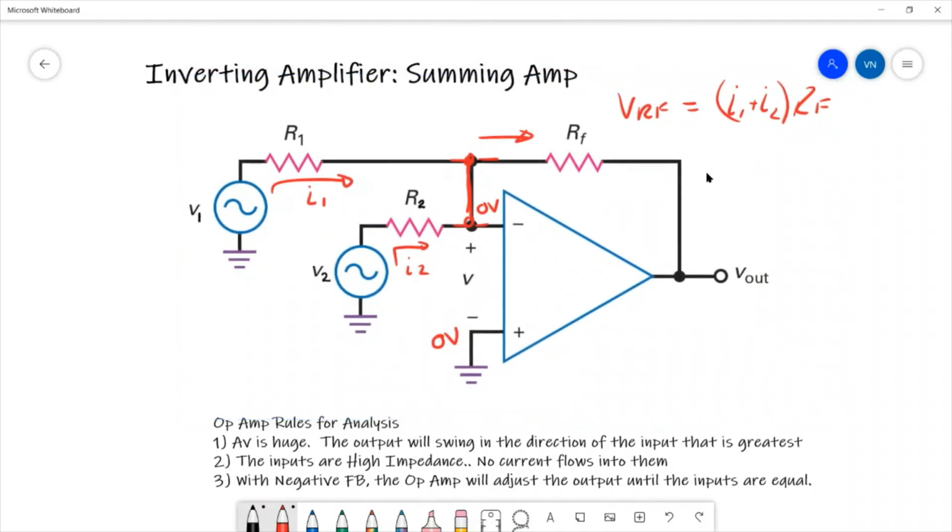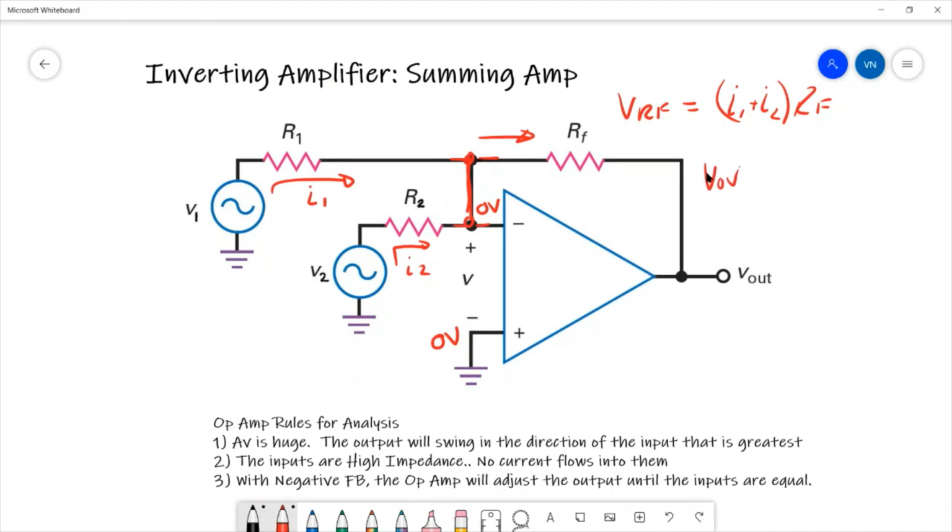When we look at this output, Vout is going to be equal to minus RF over R1 times V1 plus minus RF over R2 times V2. So the summing amplifier is going to amplify each input independently and add them together into one final output.